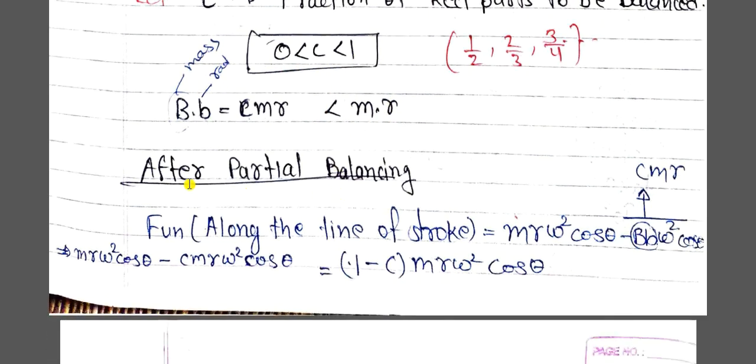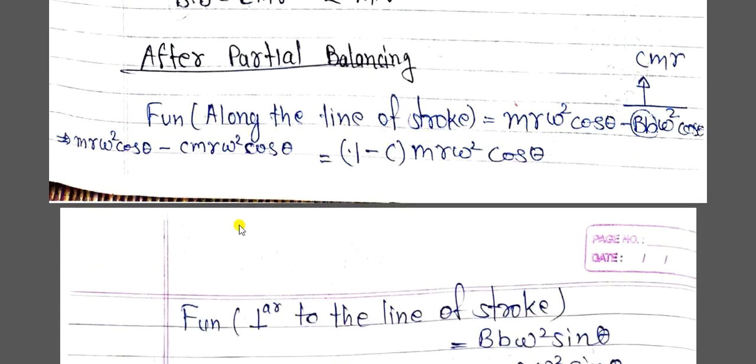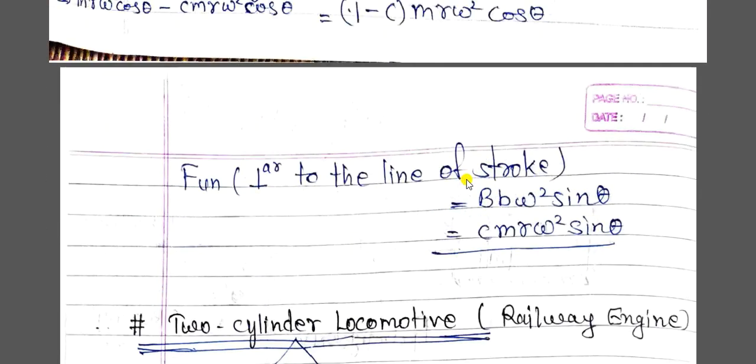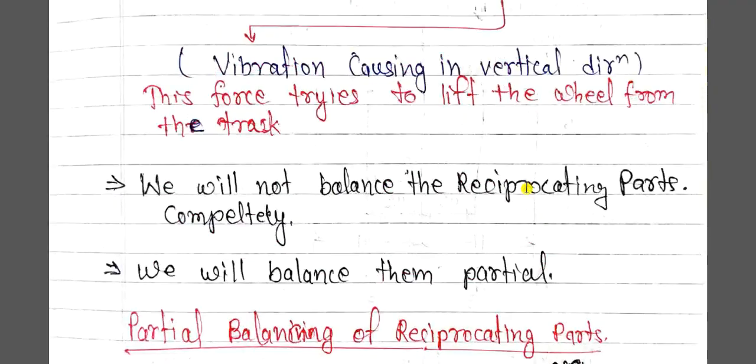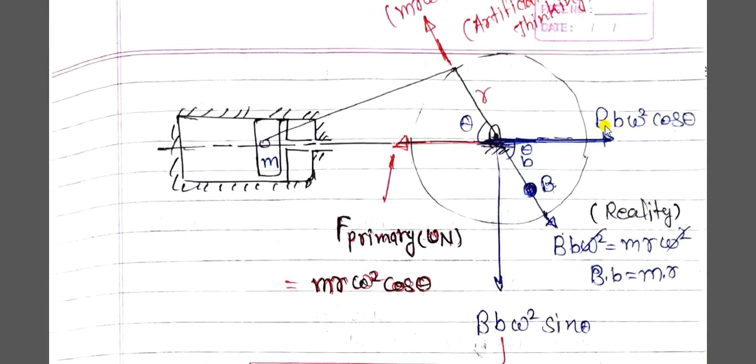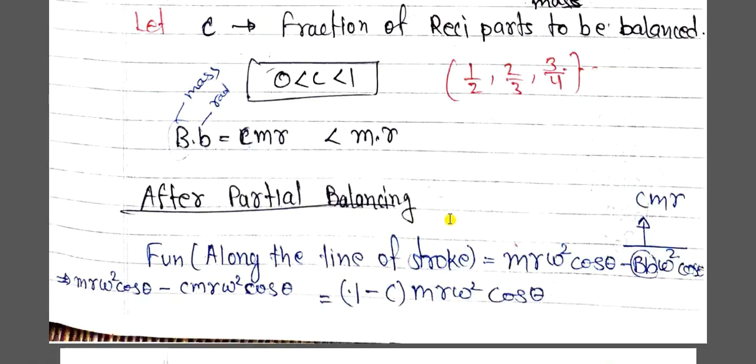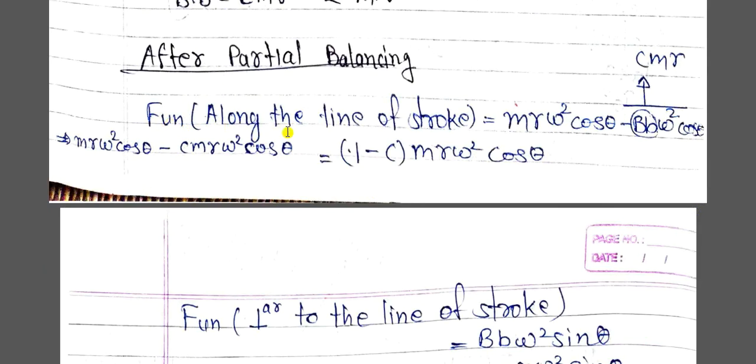So after partial balancing, what we get will be explained here. After partial balancing, along the line of stroke, what was the unbalanced force? They thought we had completely balanced it, but because this B into b is not equal to M into R, it is less than M into R, that is why some unbalance is still there.